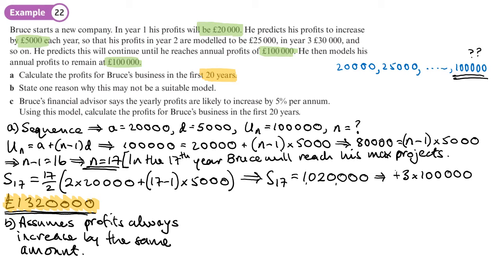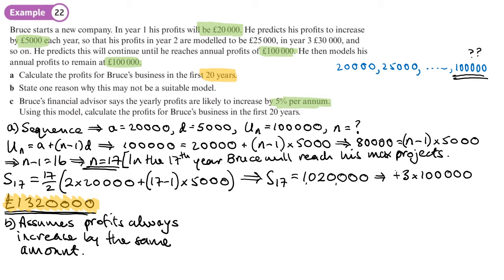Bruce's financial advisor. Does he really need a financial advisor if he's making £1.32 million profit? It says that yearly profits are likely to increase by 5% per annum. Okay, so it's probably a different type of increase here. Using this model, calculate the profits for Bruce's business in the first 20 years.